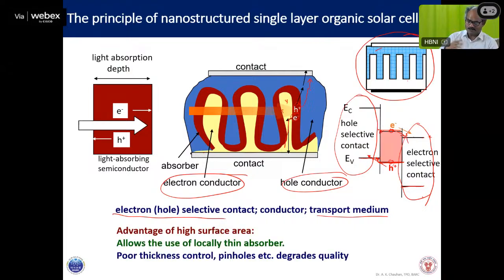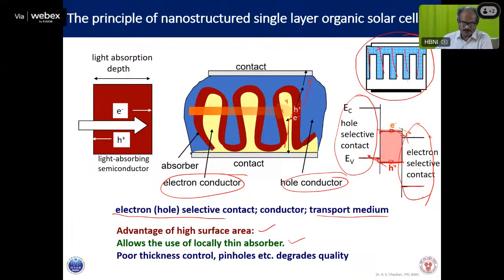With this, you can now make the devices. The advantage of this bulk heterojunction approach is that it has high surface area. Using these finger-kind of assemblies allows the use of locally absorbers, so you just put the absorber there over a large area.